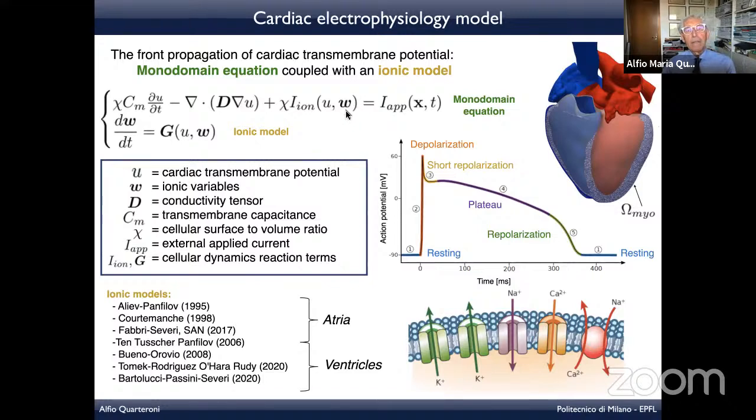And then they comprise basically the concentration of the different ion species, like calcium and potassium, for instance, but also some gating variables that are equal to 0 if a specific membrane channel is closed, and 1 if it is open. So it's a binary variable. And here on the right, you have the external stimuli that is induced by the sinoatrial node, say.